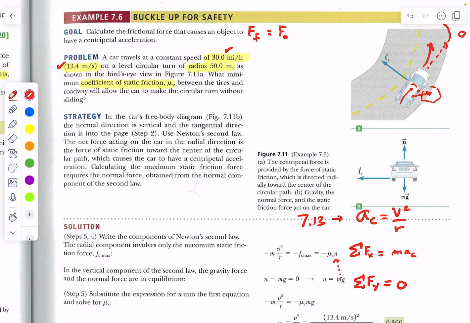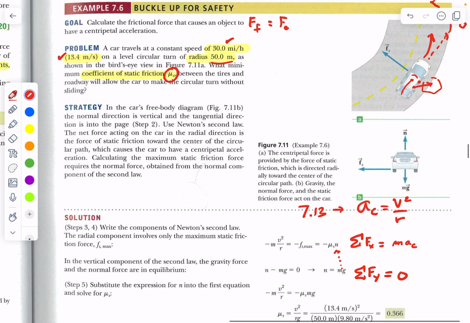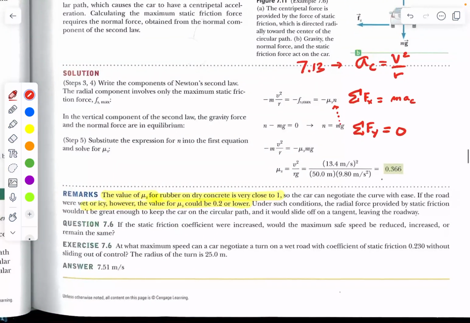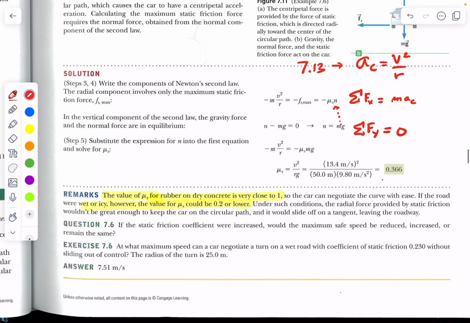Now, the radius of this curve is 50 meters. In other words, that's the distance of about half of a soccer field. And we are given a coefficient of friction. So when we go to solve this problem, way back in section 7.13, my centripetal acceleration is v squared over r.